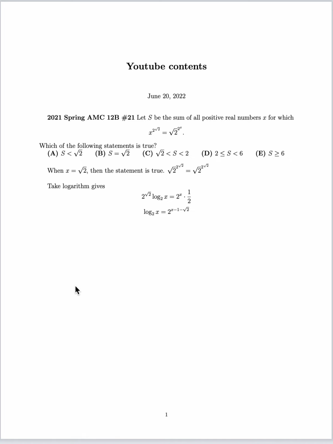So the thing is steeper, right? And you also have the log base 2. So when x is equal to root 2, then you have 1/2.